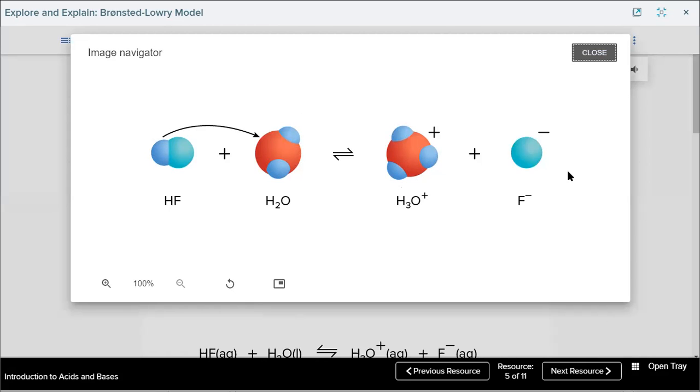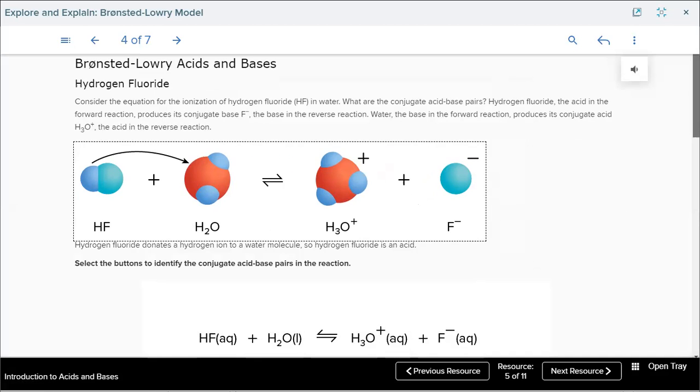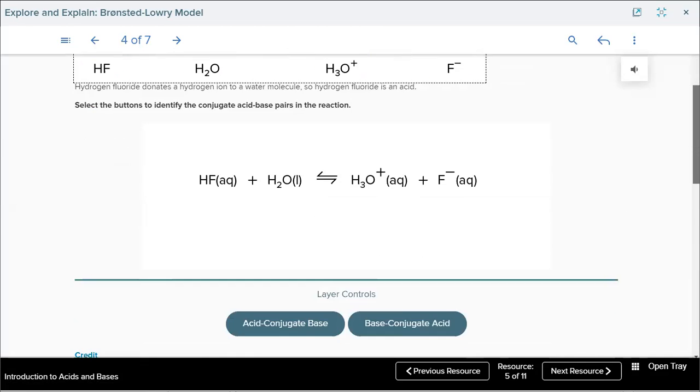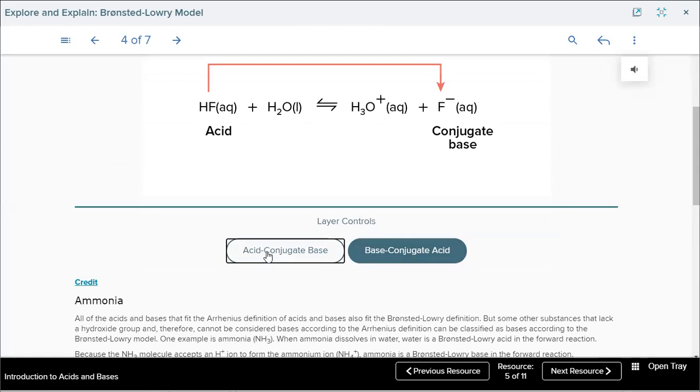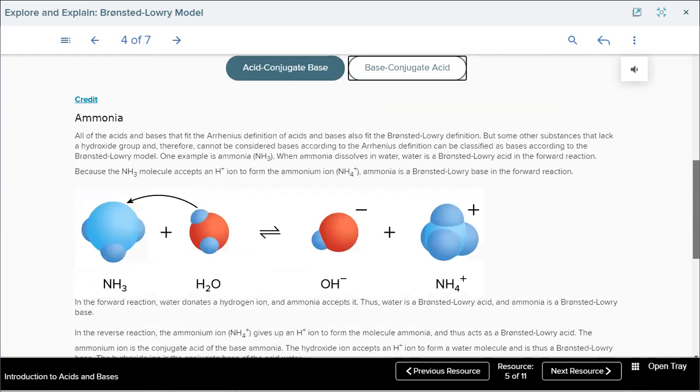While F minus turns into a conjugate base. This is the example of hydrogen fluoride according to Bronsted-Lowry acids and bases. HF acid, F minus conjugate base, H2O base, H3O plus conjugate acid. Any problem? No.